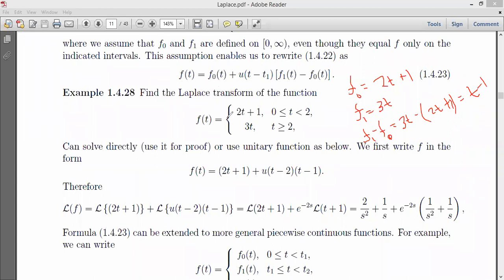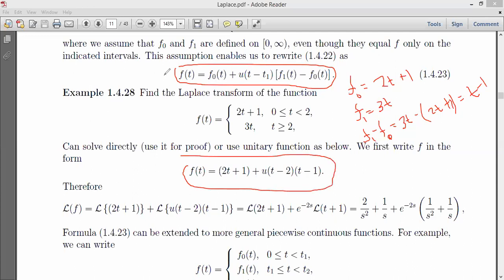So now we substitute. When you substitute this into this one here, what do you get? You end up with this one here. So this one here is exactly that one there. So our f naught is the 2t plus 1, which is this. Then we have u of t minus 2.